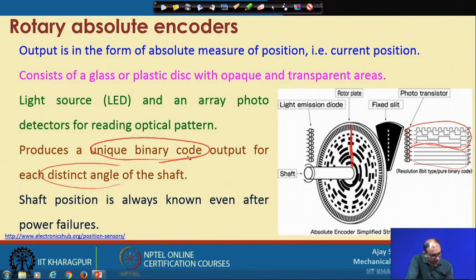If the binary code is unique, you will never miss that position. As soon as power is switched on again after failure, the encoder will tell you exactly where your position is. That was not possible in the earlier case, because if Z was here, you had to move to that location and then it would start counting the linear or rotary motion. So there was a lag with the incremental encoder, but this is the instantaneous motion detector, called the absolute encoder.